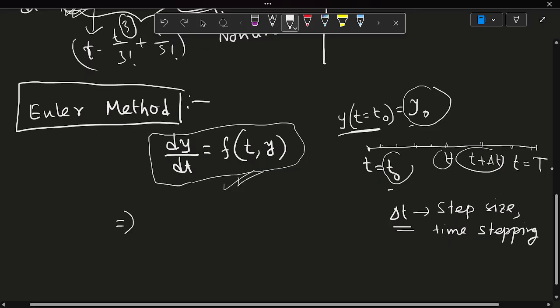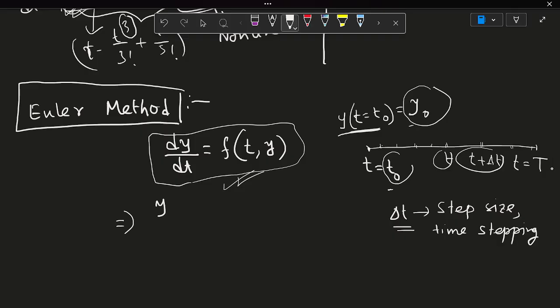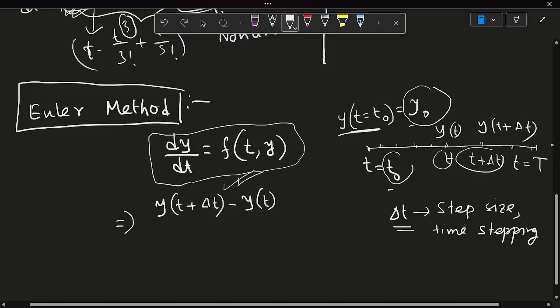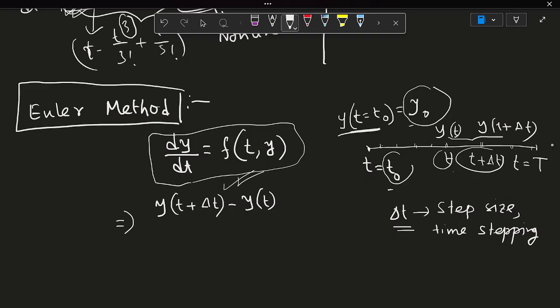For this step size, we can write dy as y at t plus delta t minus y at t. At t you will have a certain value of y, and at t plus delta t you will have another value of y. So this is y_t and y_{t+delta t}. If I look at this step, dy is the difference between these 2 points, which is y_{t+delta t} minus y_t, divided by delta t, our time step.